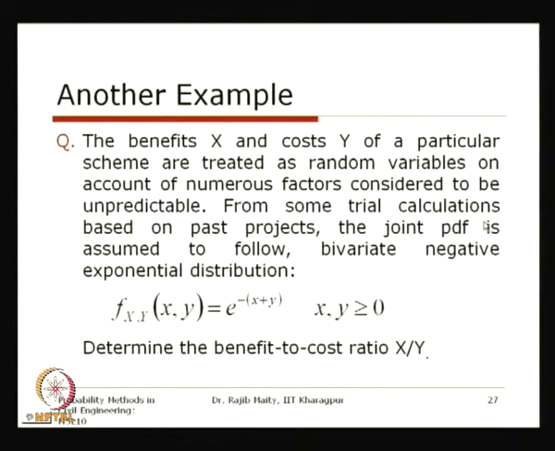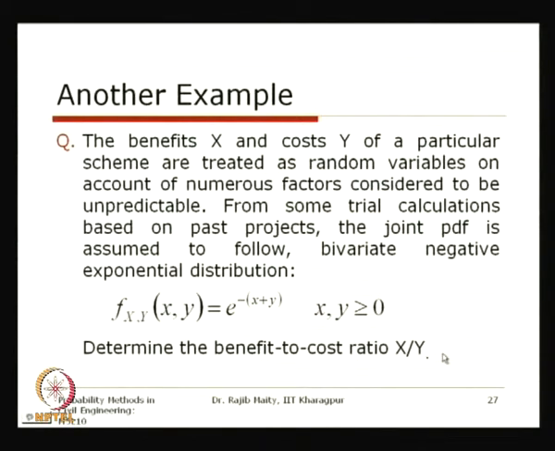From trial calculations based on past projects, the joint PDF is assumed to follow a bivariate negative exponential distribution, f(x,y) equals e to the power minus (x plus y), where x and y are both greater than or equal to 0, and we have to determine the probability density of the cost to benefit ratio.